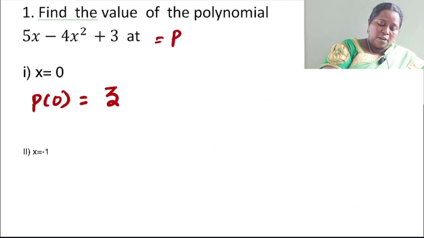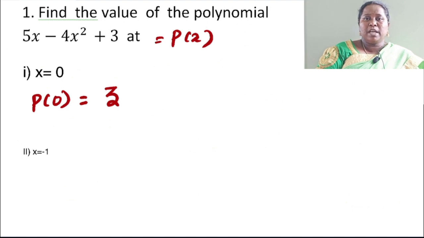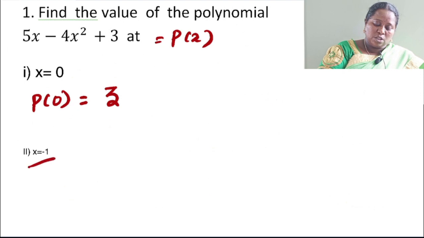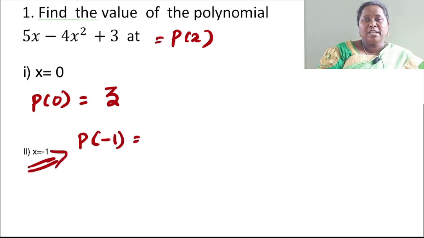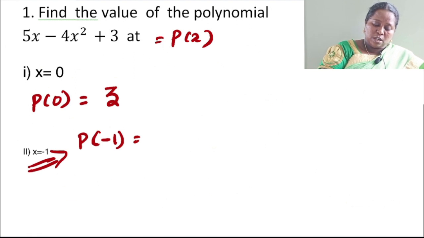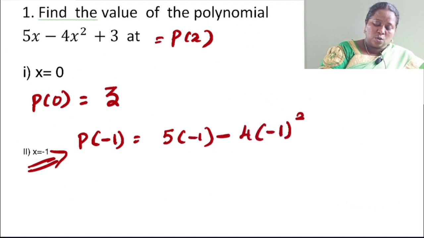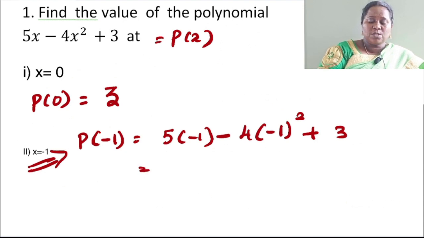What is p of x? P of x is equal to 5x minus 4x squared plus 3. So I am going to substitute x is equal to minus 1. What is p of minus 1? 5 into minus 1 minus 4 into minus 1 the whole squared plus 3. 5 into minus 1 is minus 5.